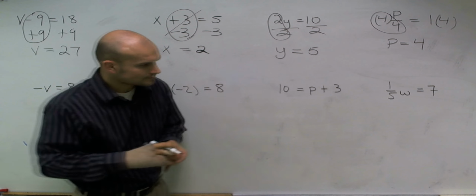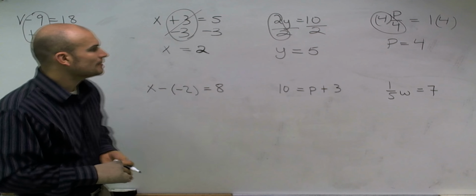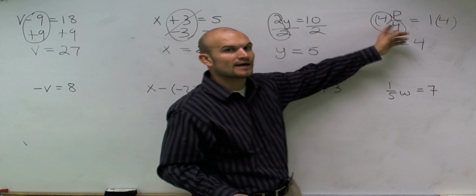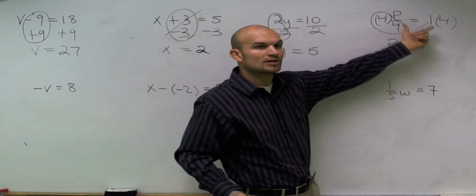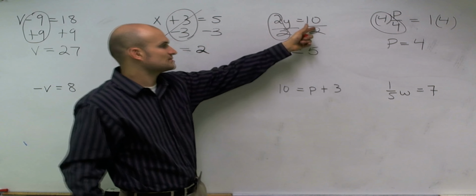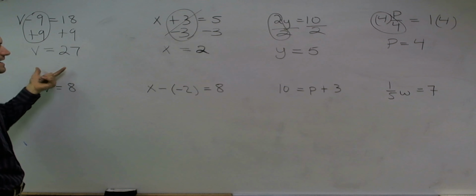Just remember that whatever you do on one side, you have to do on the other side. And also, you always want to do your inverse operations. If I'm dividing, I multiply, and I multiply on both sides. Multiplication property of equality. Here, I'm multiplying, so I want to divide on both sides. Adding, subtract on both sides. Subtraction, add on both sides.